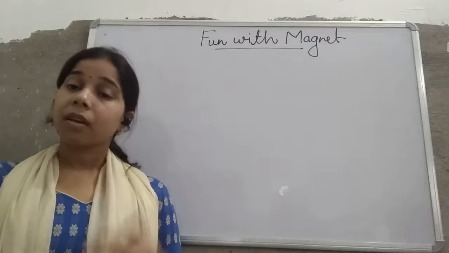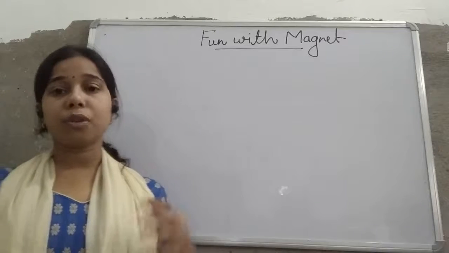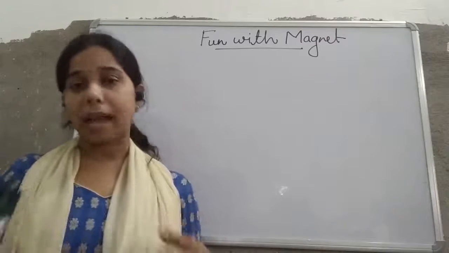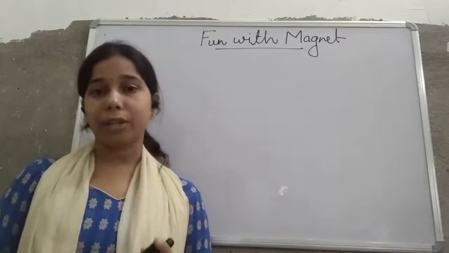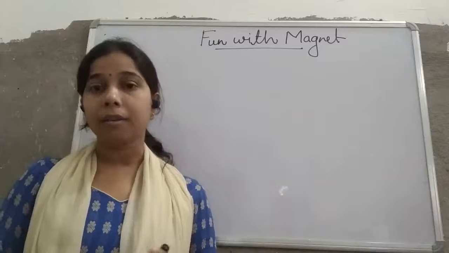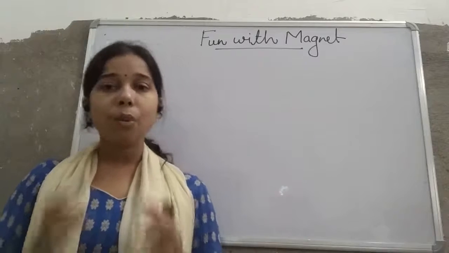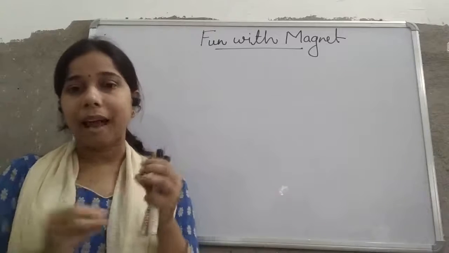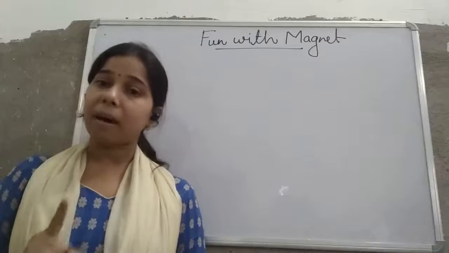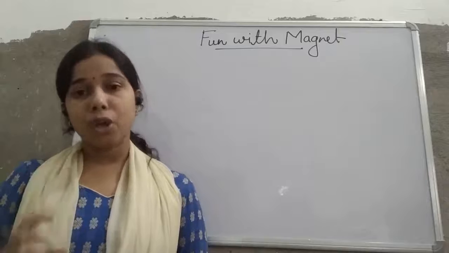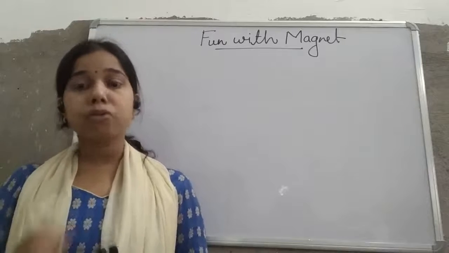If you scatter powdered iron and take a bar magnet to it, you will find that all the iron particles get attracted at the ends of the bar magnet. This shows that the free ends of the magnet have strong magnetic forces, stronger than the middle. This free end, the terminal of the magnet, we call the poles of the magnet.